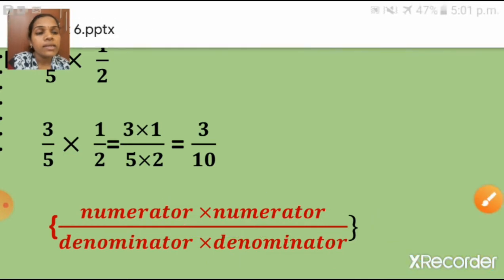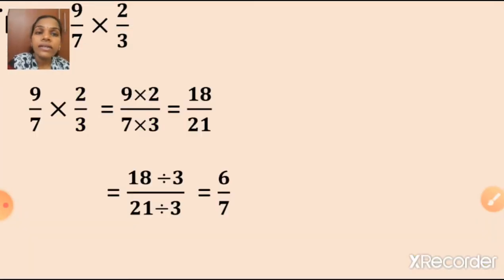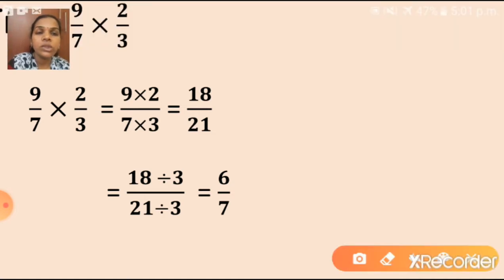Okay. Next example is 9 upon 7 into 2 upon 3. This is your question here. So first I have written the question. As I told, the product of numerators, that means first fraction numerator into second fraction numerator, that means 9 into 2, upon, can you say what is the denominator of the first fraction? 7.